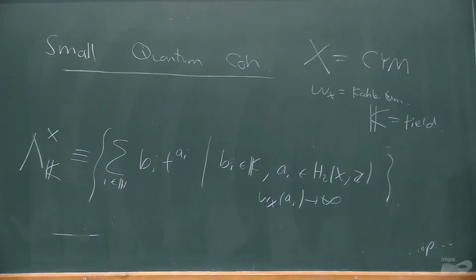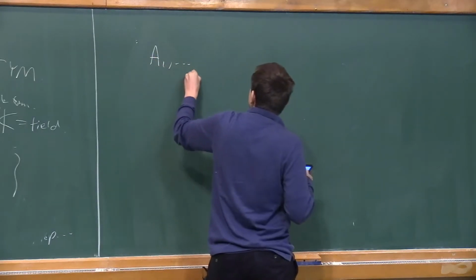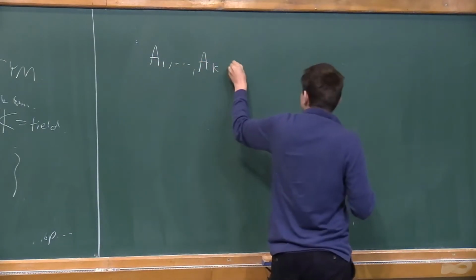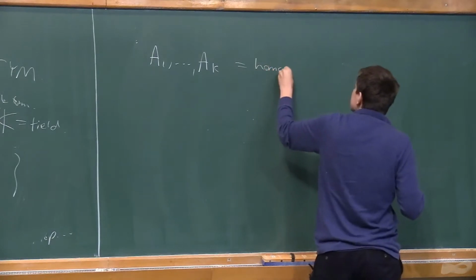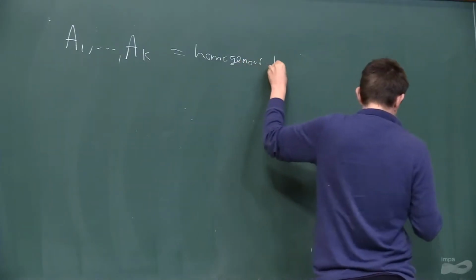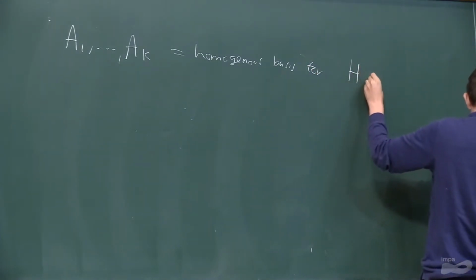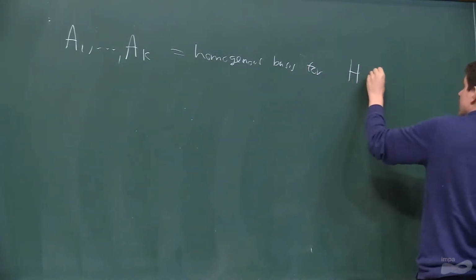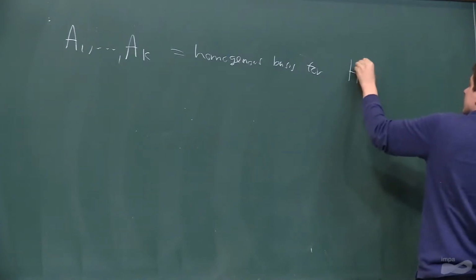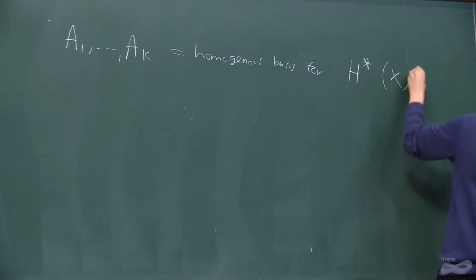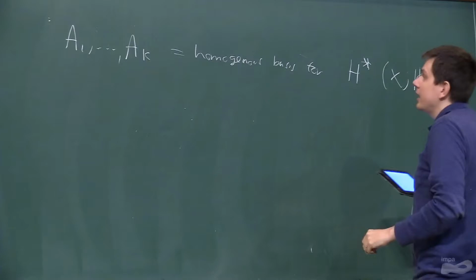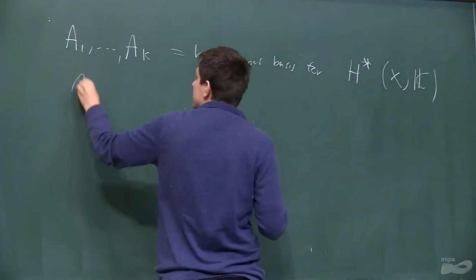And then I choose a basis. The easiest way to define this is you choose a basis A_1 to A_k, a homogeneous basis for the cohomology of X with coefficients in K, and then we have a dual basis.